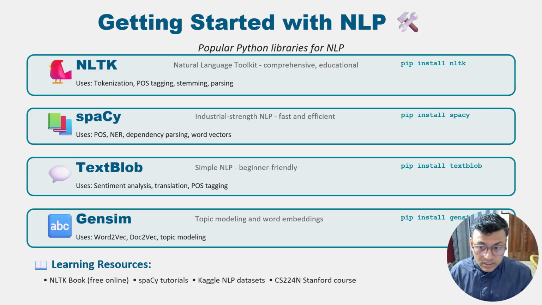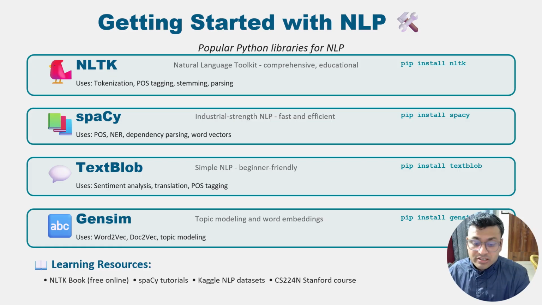You can go on the website and see that the NLTK book is freely available. I'll put the website links in the comments. There are also very prominent videos available on Coursera, and you can go to the Stanford courses.